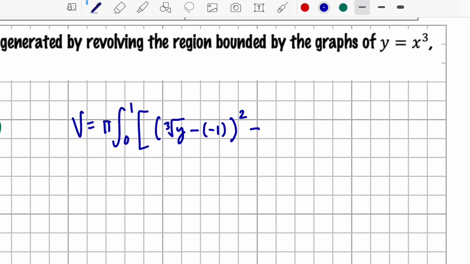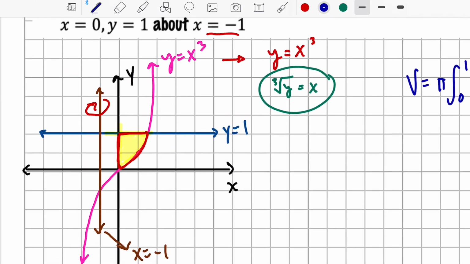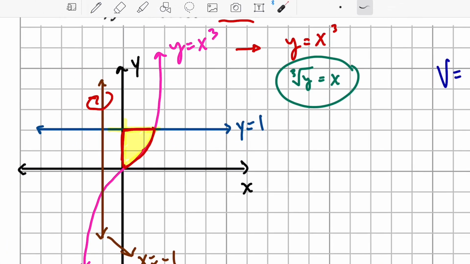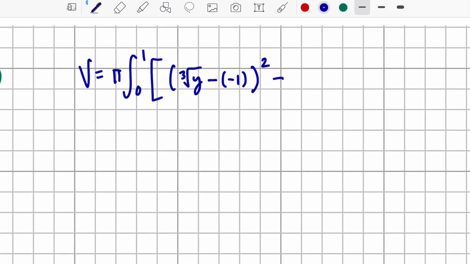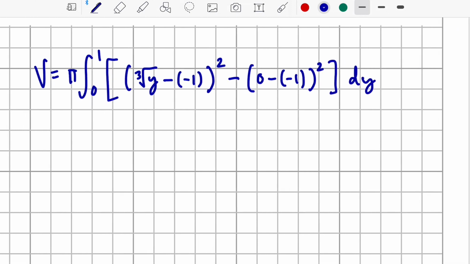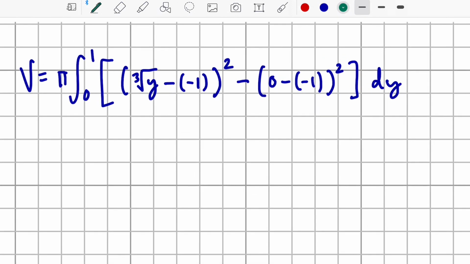I'm going to write it out just like that so you guys can see it. Minus. Now, the function that is closest to the axis of rotation is x equals 0. So it's 0 minus a -1. Always go right to left. 0 minus a -1, squared, dy with respect to y.